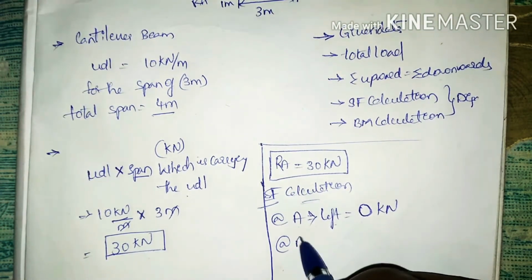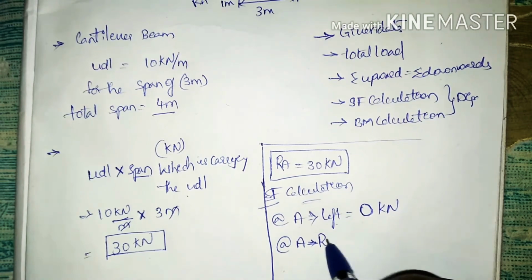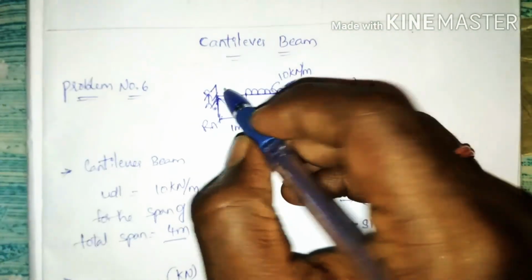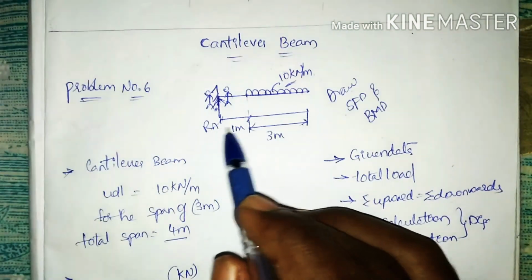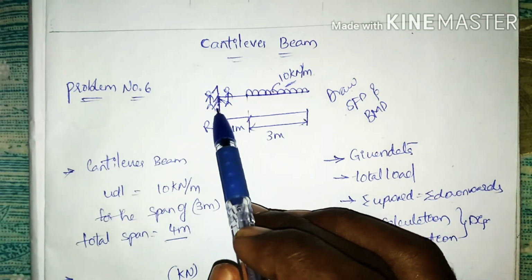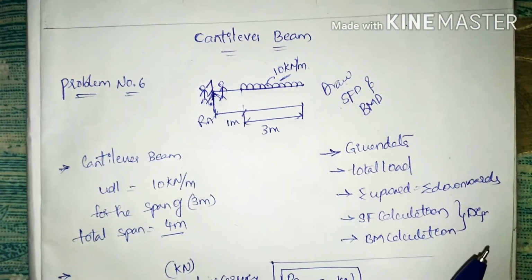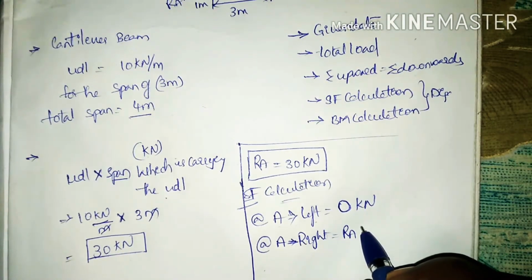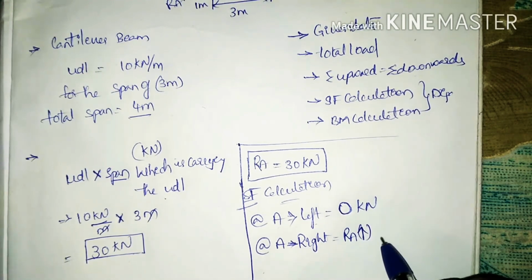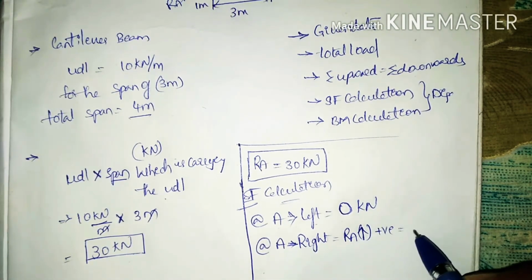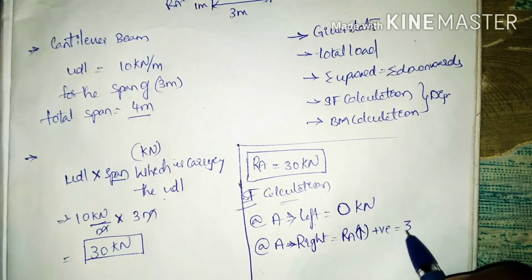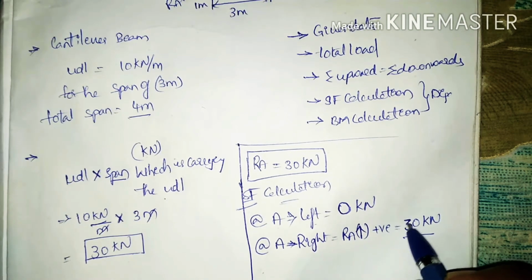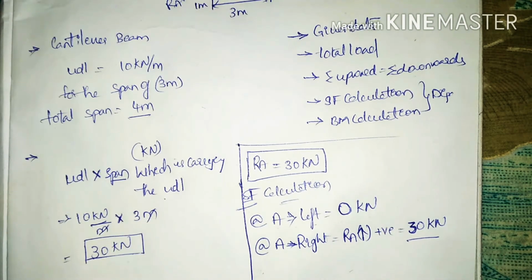At A, on the right side of the support, looking to the left side, I find the RA reaction in the upward direction, so it is positive. What is the value of RA? 30 kilonewtons, since the total load on the beam is equal to RA. RA is equal to 30 kilonewtons.